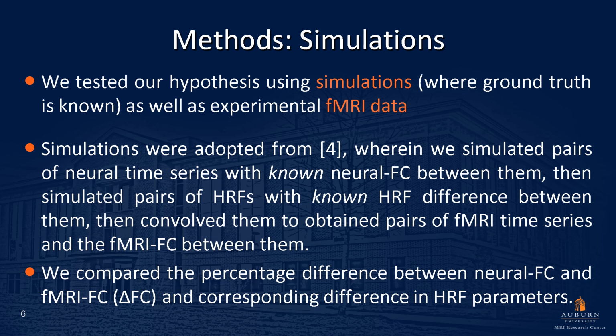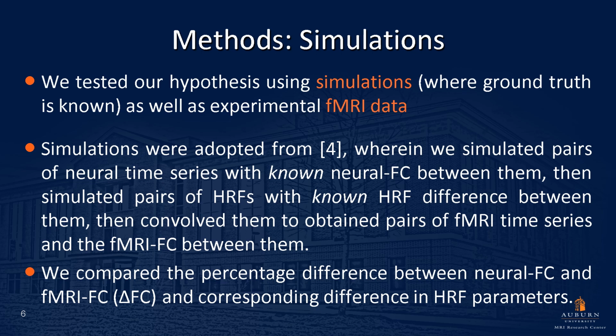In terms of methods, we did both simulations to see how the method performs, and also actual experimental data. For the simulations, we basically adopted the procedure shown in reference 4, wherein we simulated pairs of neural time series with known neural functional connectivity between them, then simulated pairs of HRFs with known HRF differences between them, and then convolved them to obtain pairs of fMRI time series, and then we calculated the functional connectivity in the fMRI space.